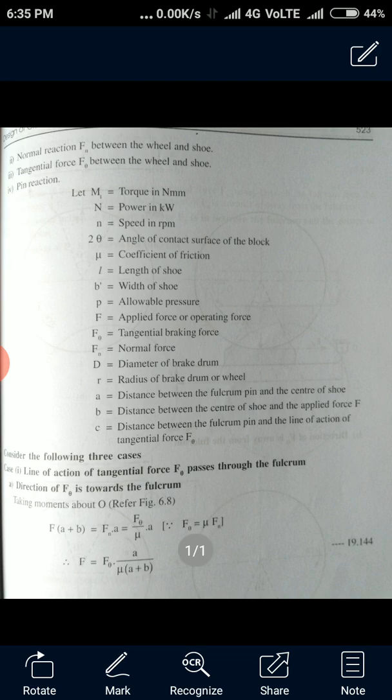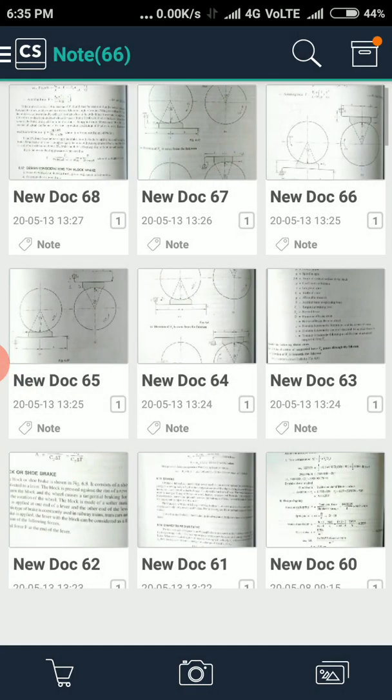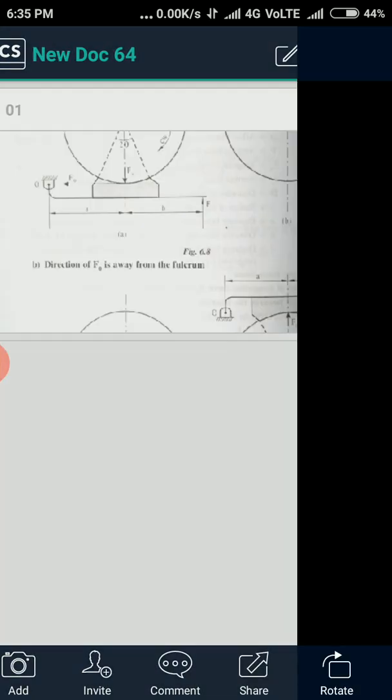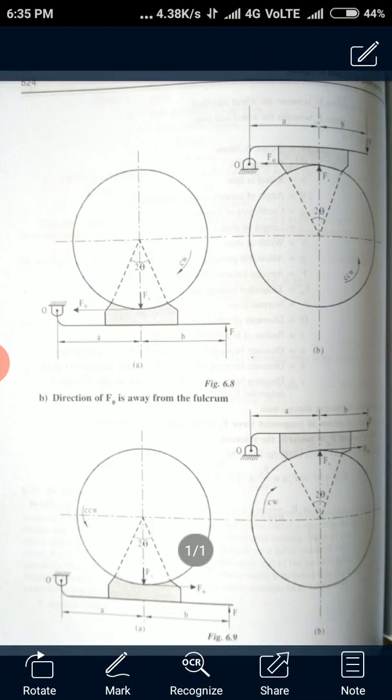This is the case where the tangential force F theta is moving towards the fulcrum. Now take case 2, where the direction of F theta is moving away from the fulcrum. You see the sketch here: in figure A the block is at the lower side of the drum, and in figure B the block is at the upper side.